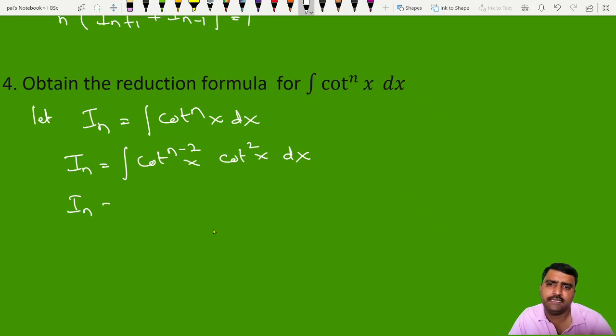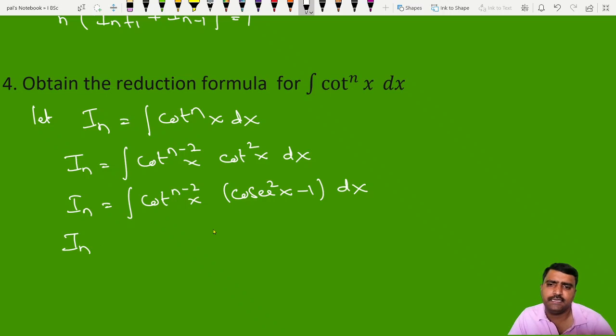So that is in is equal to integration of cot to the power n minus 2x into, by using trigonometric identities, cot square x can be written as cosecant square x minus 1, into dx.